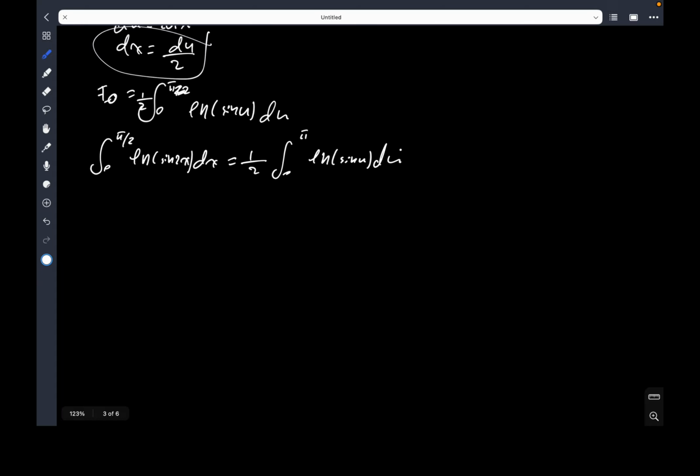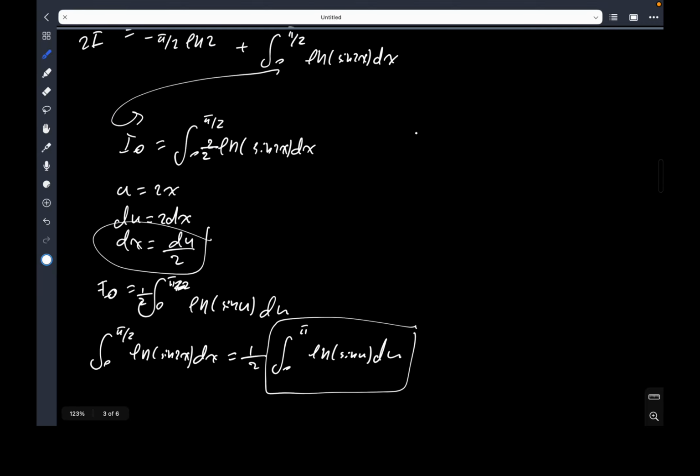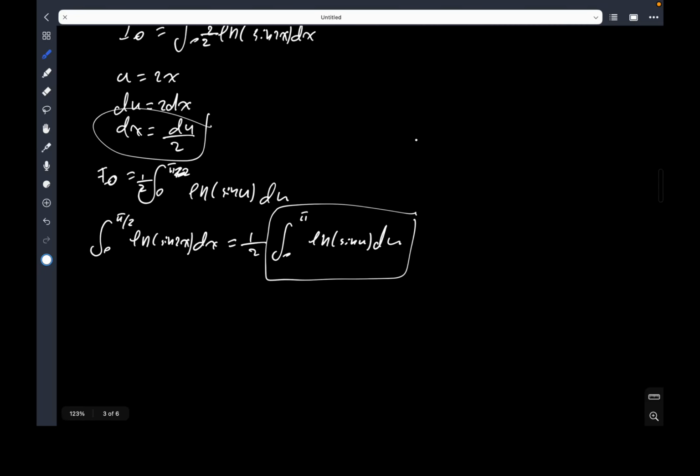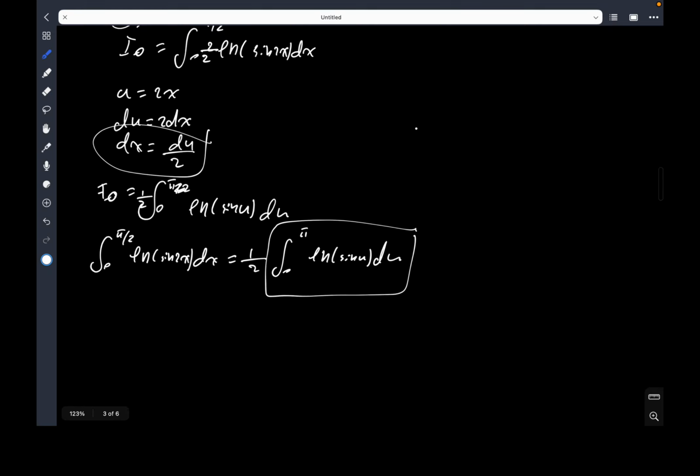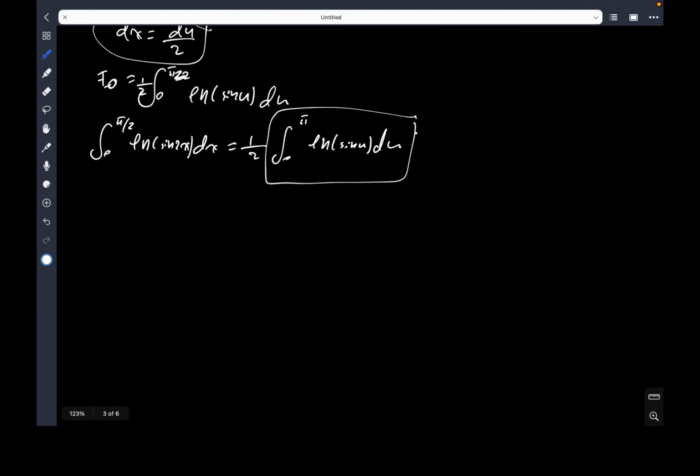And for this matter, this integral here is equal to our initial integral. Sorry, yes, it's equal to our initial integral, and this has a property that this integral is actually the same integral.